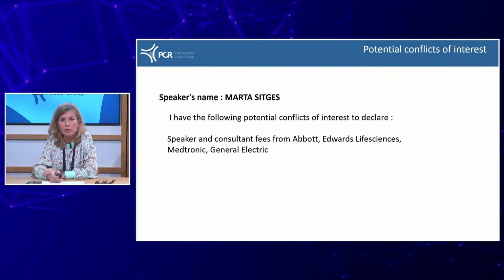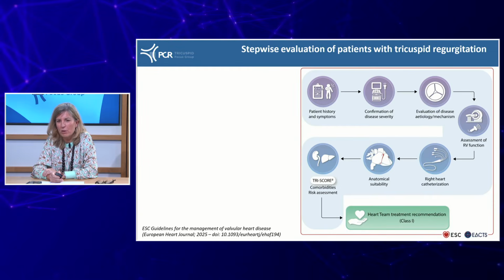Thank you, Francesco. So I think this is a big novelty of the current guidelines, because they put this stepwise evaluation of patients with tricuspid regurgitation in this comprehensive way, implicating many professionals, many disciplines, and many evaluations.